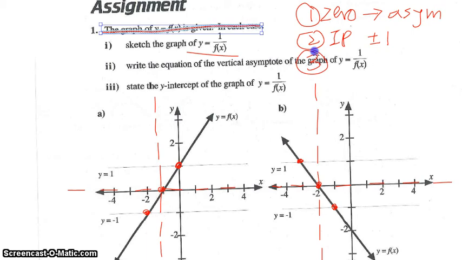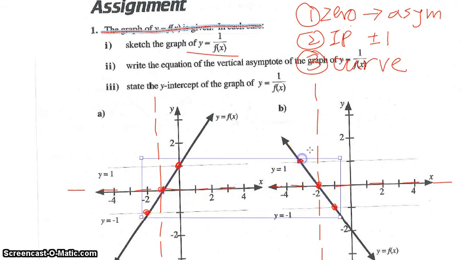Finally, number three, draw the curve. How do you draw the curve? Do you remember this little bit becomes very big? And any number on the original graph that goes high becomes very low. Basically, you use the asymptote as your guide. You draw a curve that approaches the asymptote, crosses this invariant point, and approaches the other asymptote.